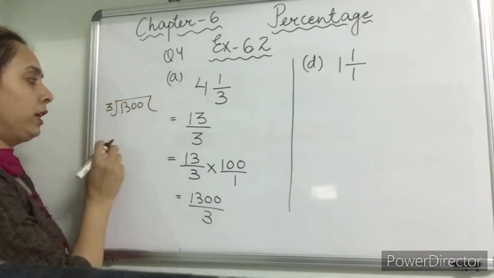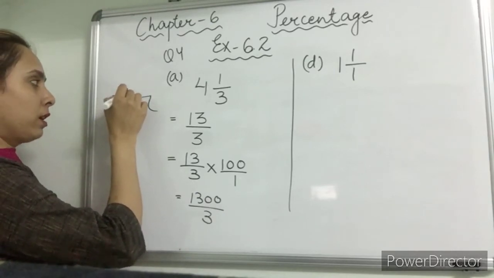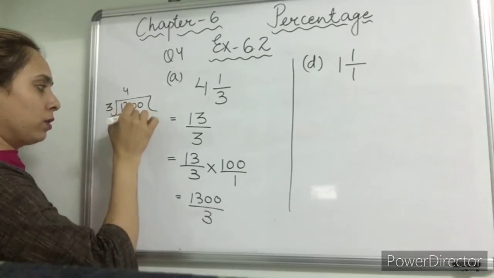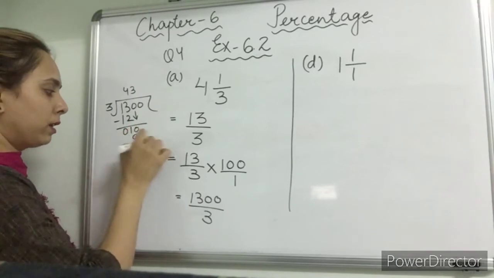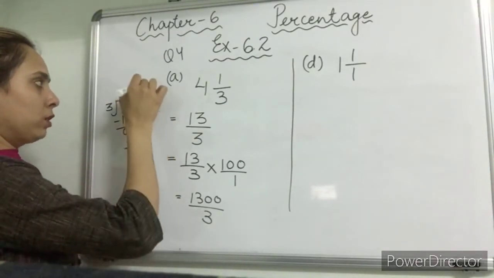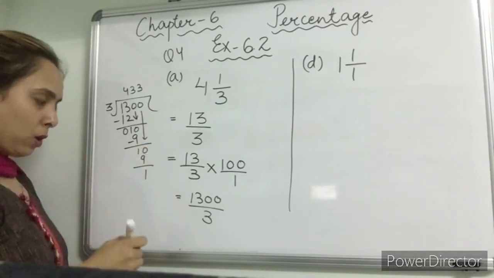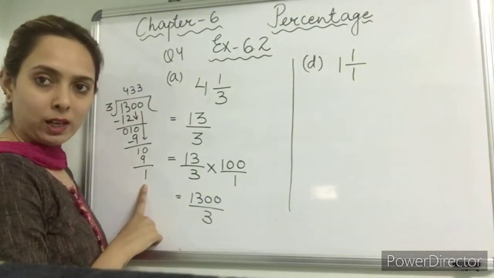1300 divided by 3. 3 4s are 12, 1 0, get the 0 down, 3 3s are 9, 1, get the 0 down, 3 3s are 9, get the 0 down, 1. Now you all can see that here we have got the remainder as 1.